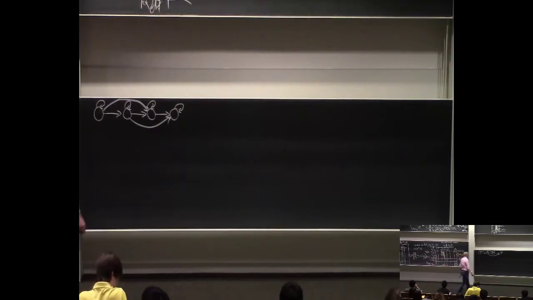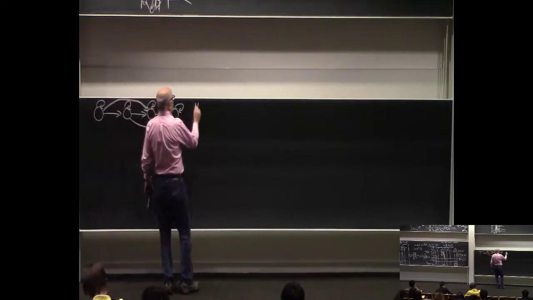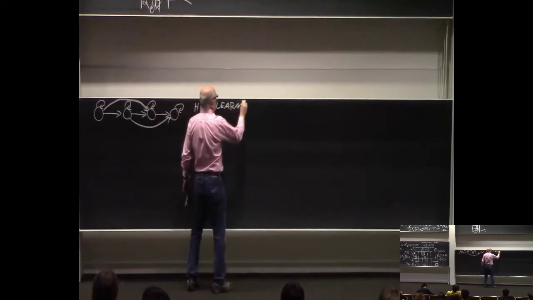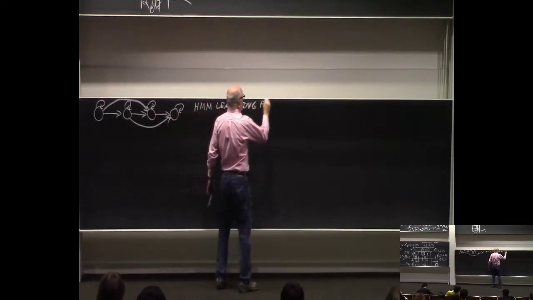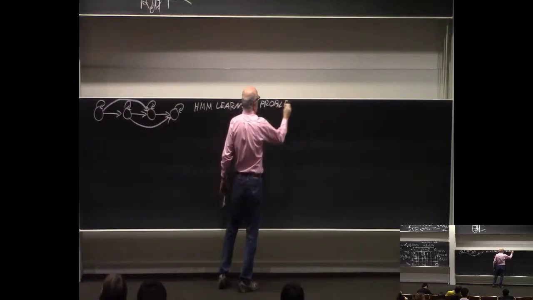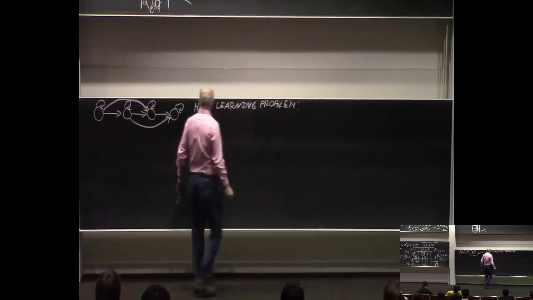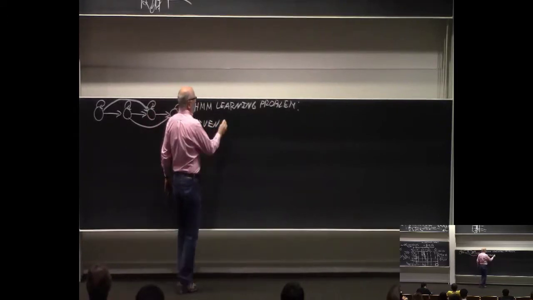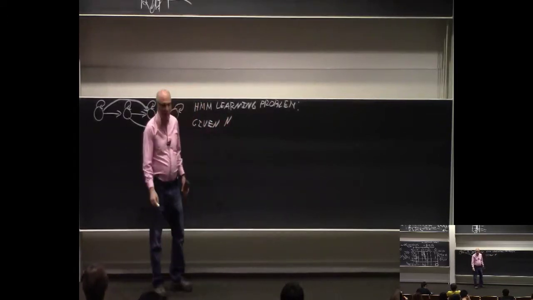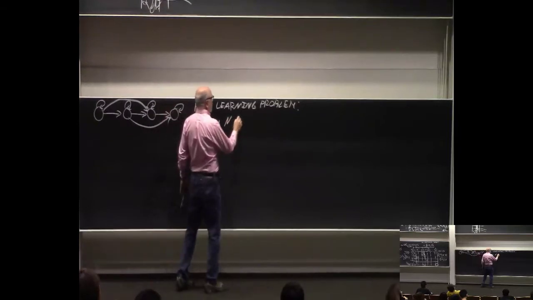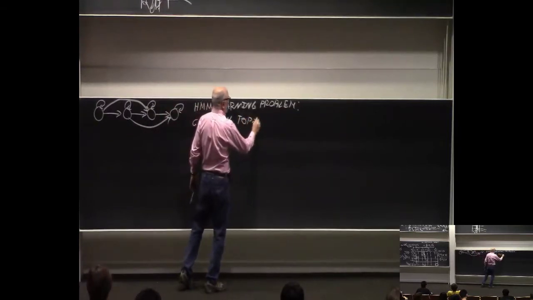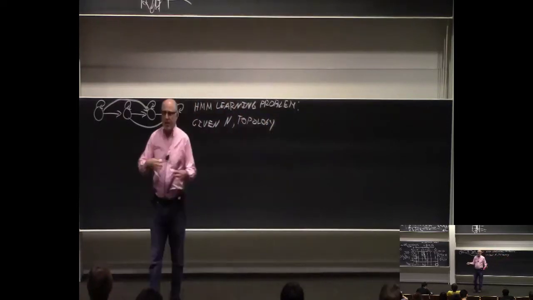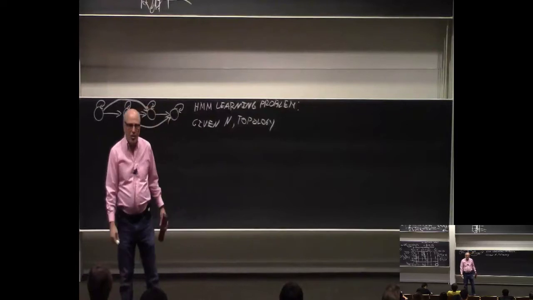So the HMM learning problem is given n, which is the number of states, and the topology or connectivity, which in the most general case is everything is connected to everything else.